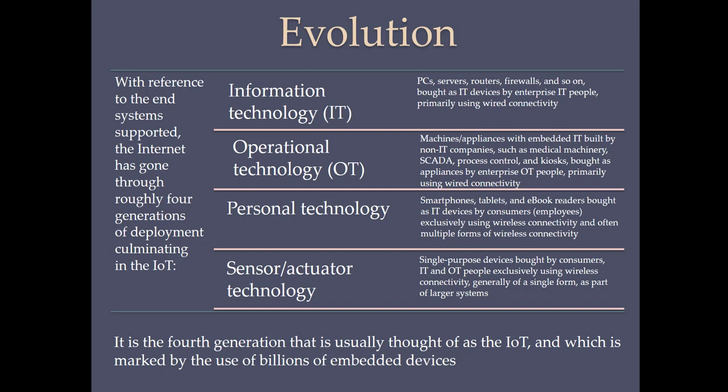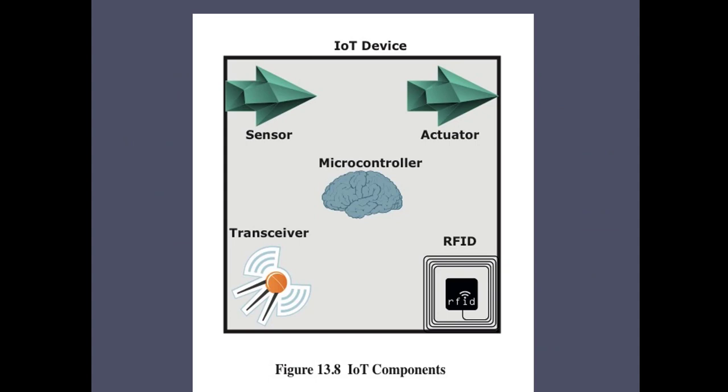If we look at a single IoT device, you'll find that it mainly has one or more sensors, an actuator, which takes some actions, and the microcontroller, which is mainly the brain of the IoT device, and then an RFID, which may identify the device and may be used for authentication, and finally a transceiver to send and receive data, all right? So it can collect data and send it, and then receive commands to do something else, or when to collect data again. All of these communications are done by the transceiver.